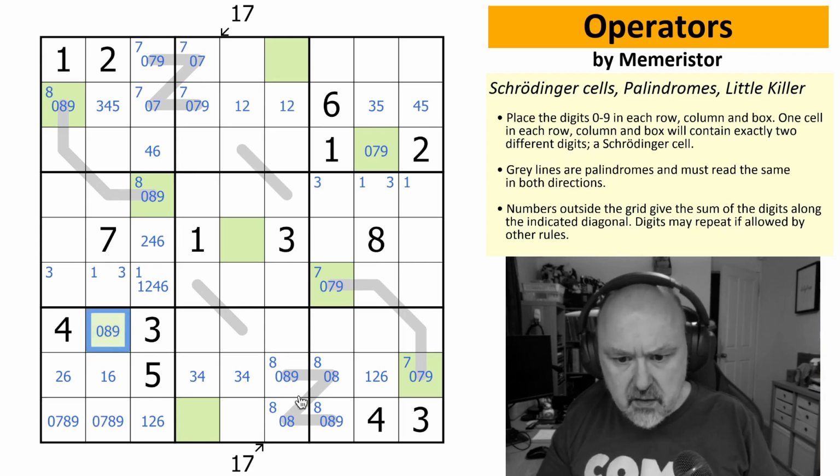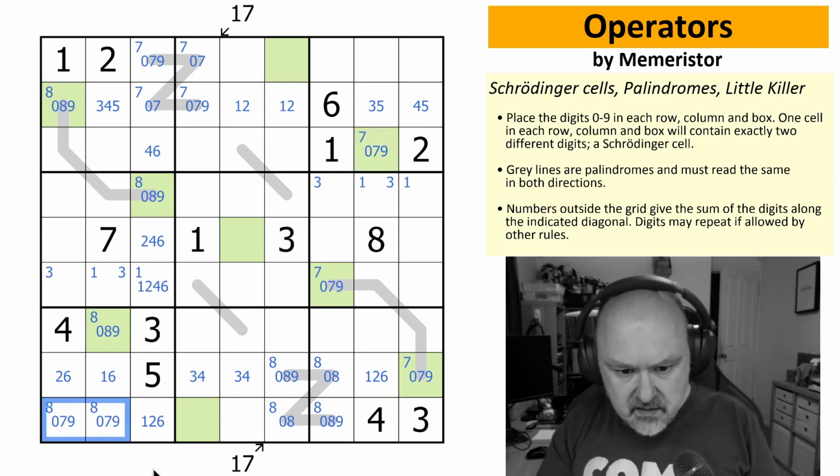Well, because this is pointing 8s. There must be an 8 in there, because of the pointing 8s on this. Similarly, there must be a 7 in there. So there's no 8 in there. This is 0, 7, or 9. It's the only place a 7 can go, so there must be a 7 in it. This is now a 0, 7, 8, 9 quadruple.